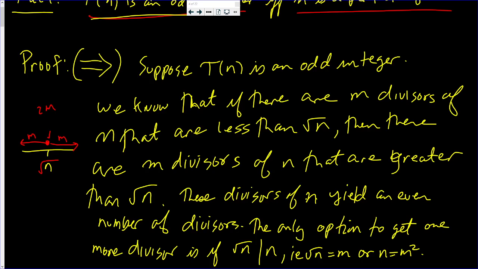The only way you're going to get more than 2m is if the square root of n divides n. And coincidentally, that just adds 1. So this is odd.